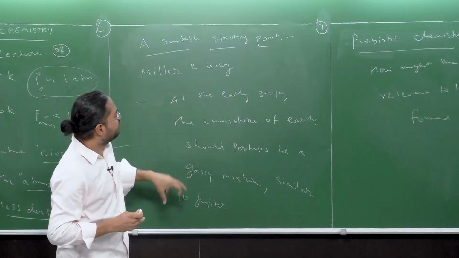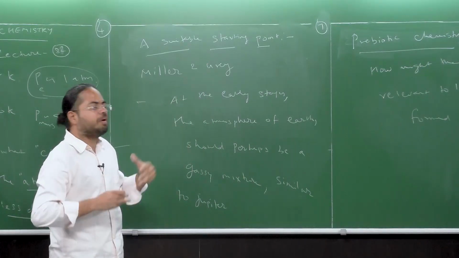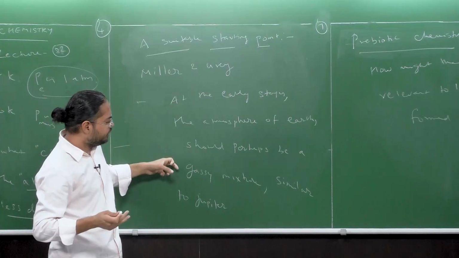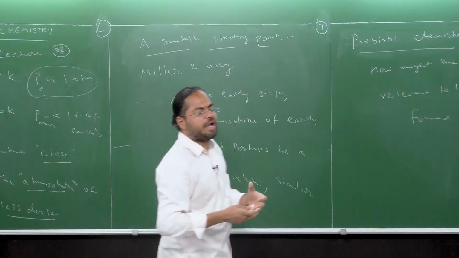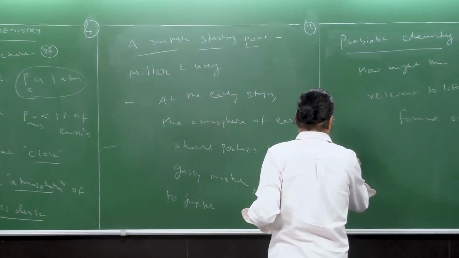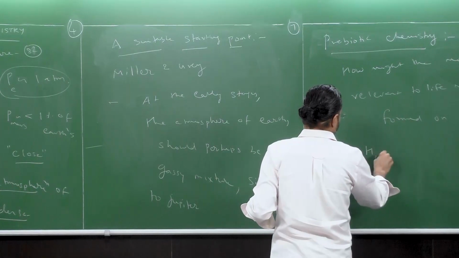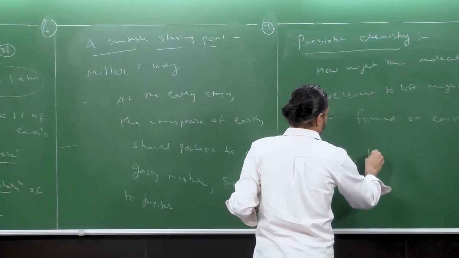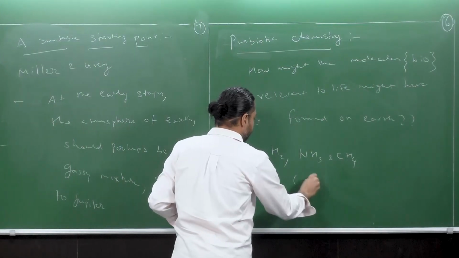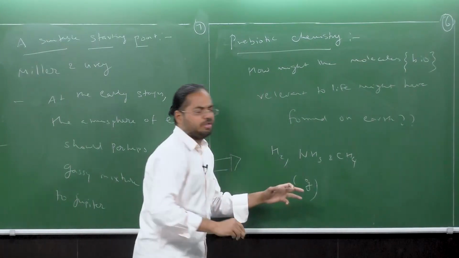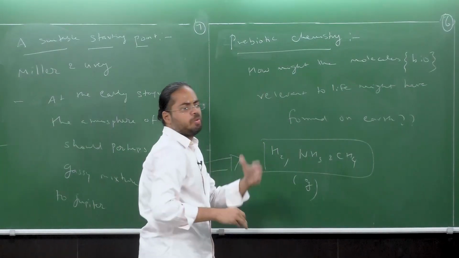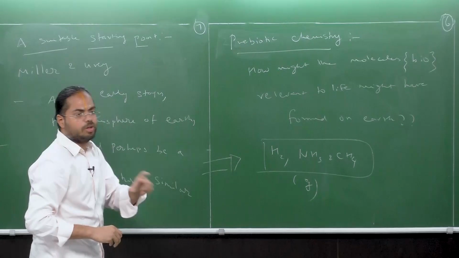These two made Urey hypothesize that in the early stages, Earth may have contained gases similar to what are present on Jupiter's surface. So he postulated that we start off with a mixture containing hydrogen, ammonia, and CH4 gas. These were postulated to be present as part of the early Earth atmosphere.